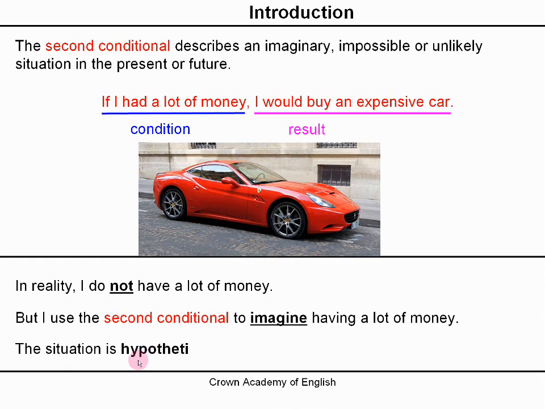Therefore, the situation is hypothetical. It is not real. I am just simply imagining having a lot of money. What would I buy? I would buy an expensive car. Perhaps I would go on holiday. I'm dreaming.